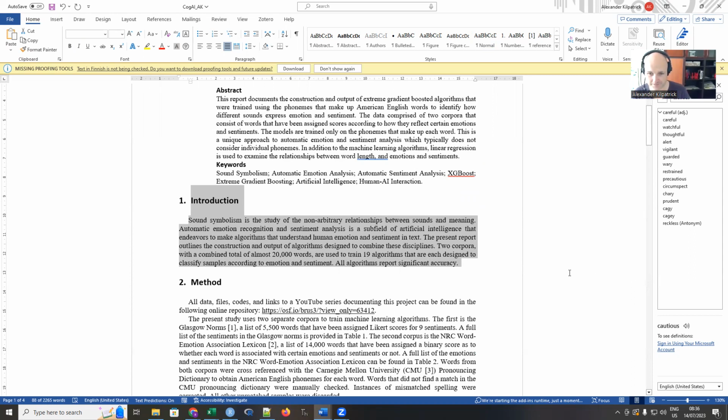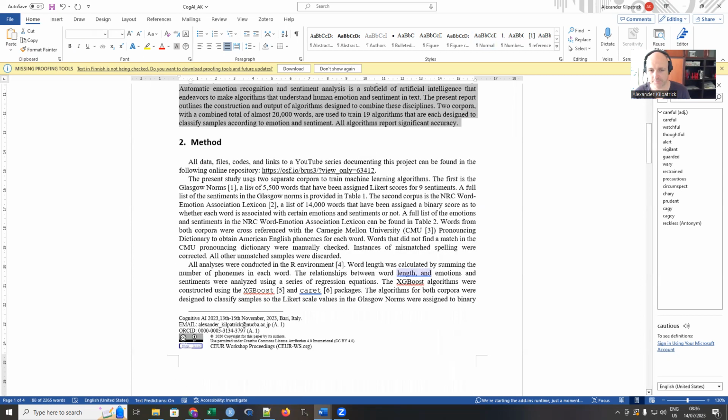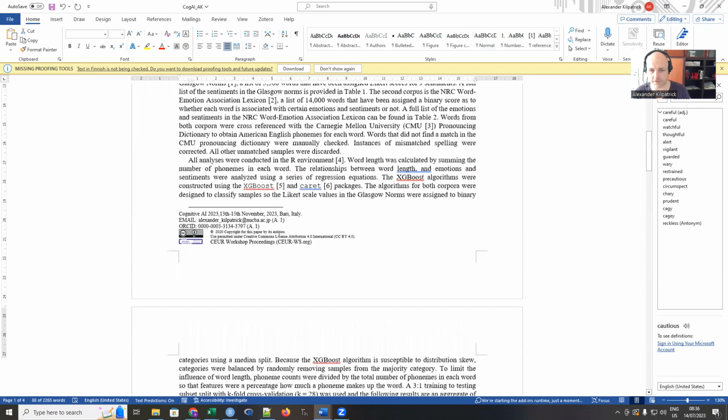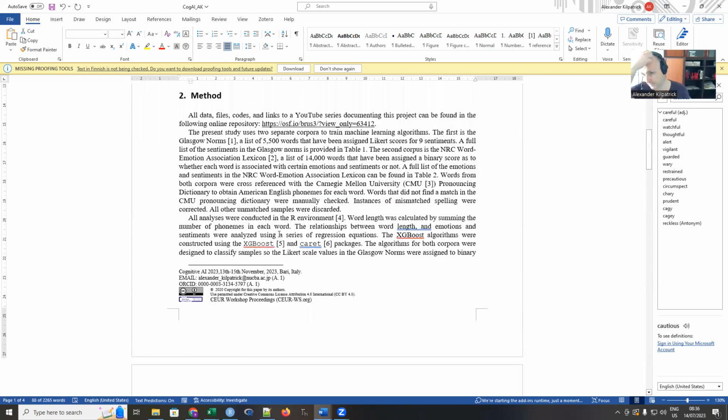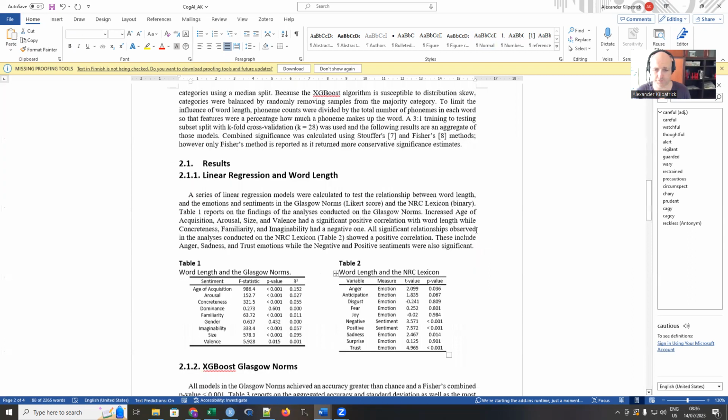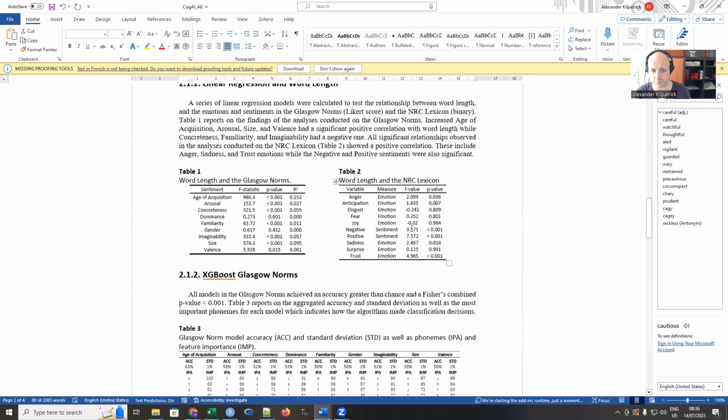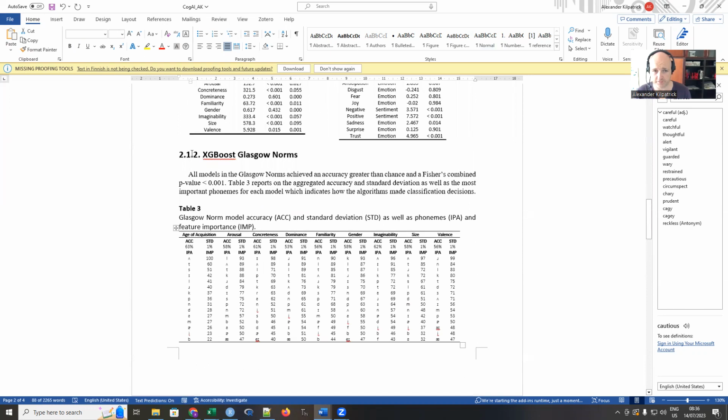It's just a very basic introduction, because most of what I've had to do here is talk about the method, which is really important, and also explain the results, which I've done essentially in tables. So this is the results section for the Glasgow norms. There are 2 sentences and a table, and that's it. That's all I had space for, unfortunately.